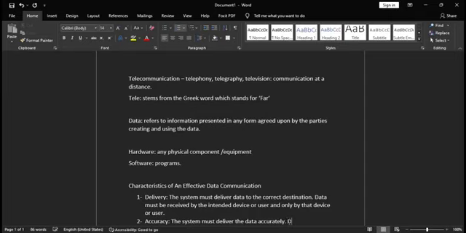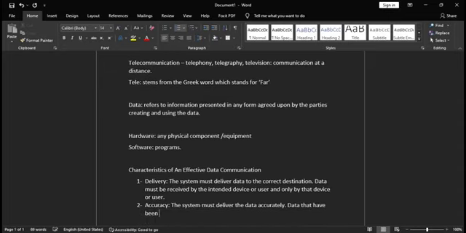Data that have been altered in transmission and left uncorrected are unusable.